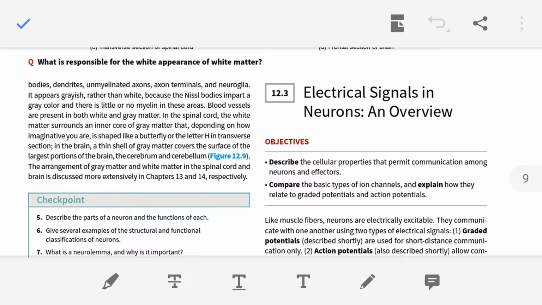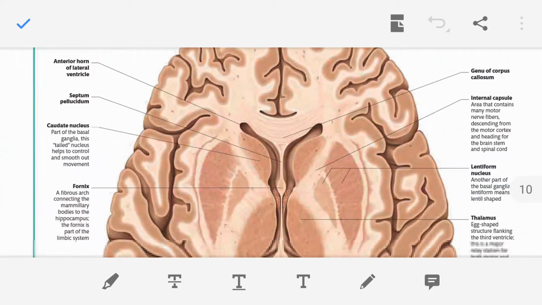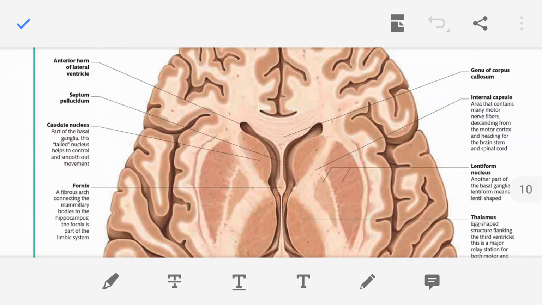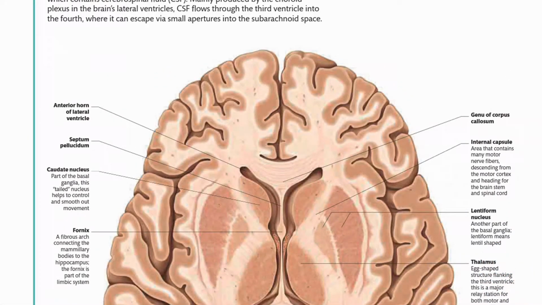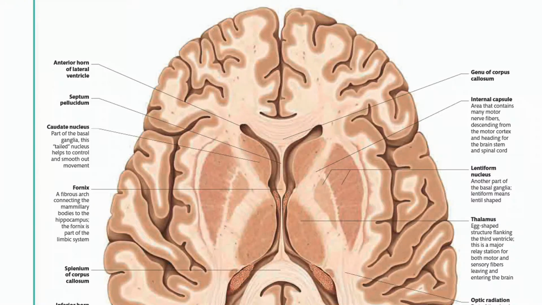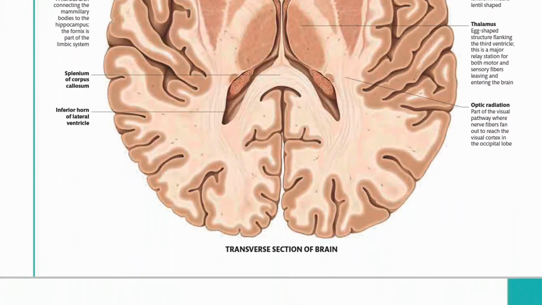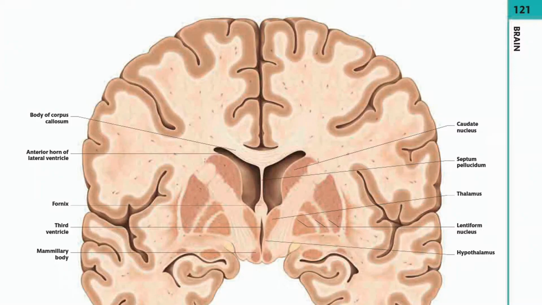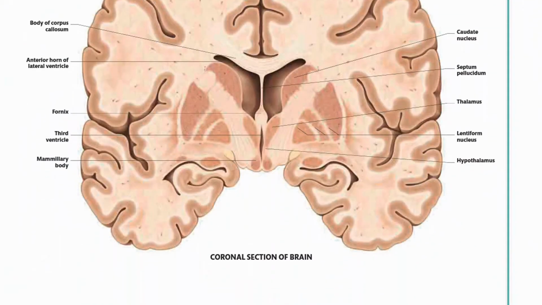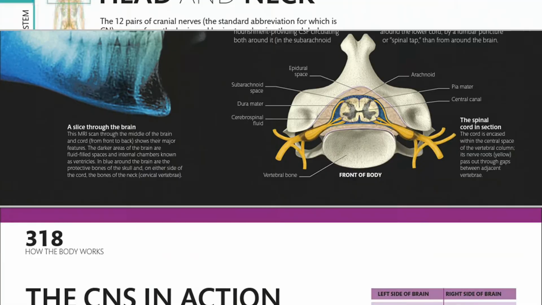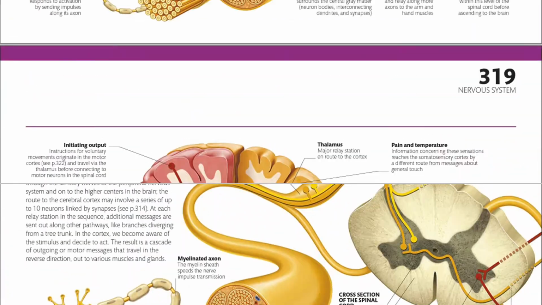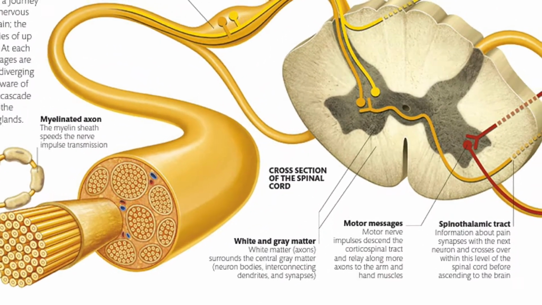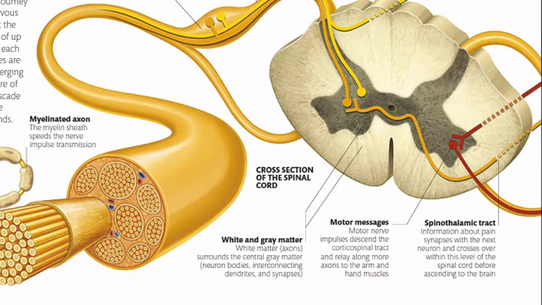A few more figures I would like to show you. In this figure you can clearly see that in the structure of brain, white matter is present inside and gray matter is present outside. In this figure also, white matter inside, gray matter outside. Here, this one is the cross section of spinal cord.